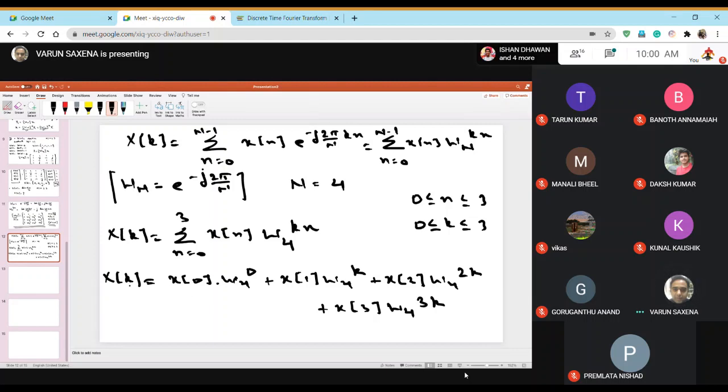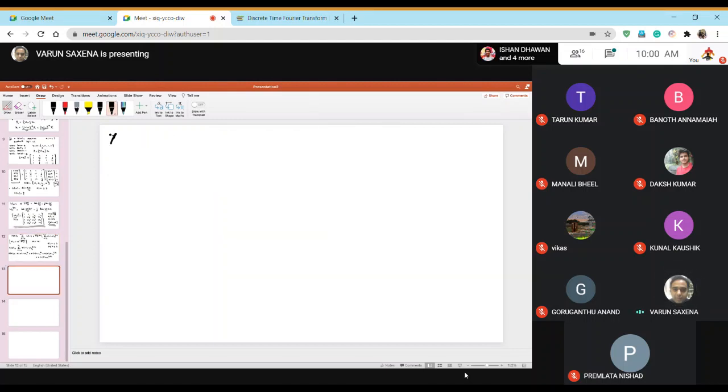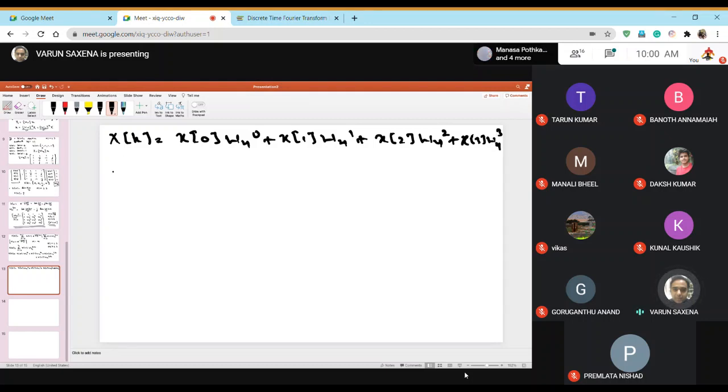Now let me find out the various capital X[k]s. Let me first write the formula again here. That is x0 W4^0 plus x1 W4^1 plus x2 W4^2 plus x3 W4^3. Okay, so now k varies from 0 to 3.